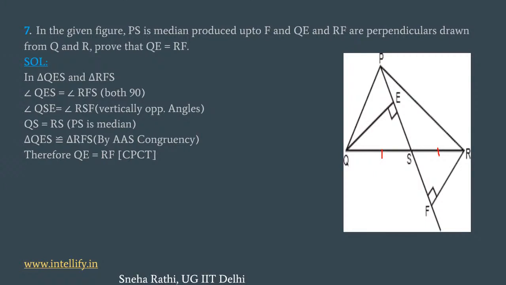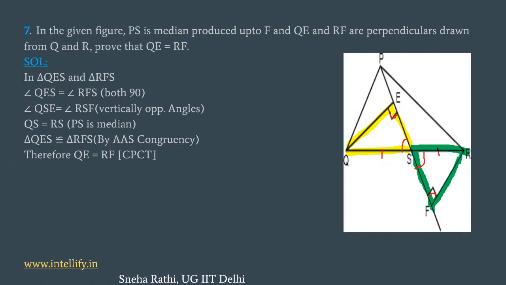Now consider triangle QES and RFS. Okay, let me mark. I have marked triangle QES and RFS. So now angle QES will be equal to angle RFS because it is 90 degrees. And then angle QSE will be equal to angle RSF because they are vertically opposite angles.